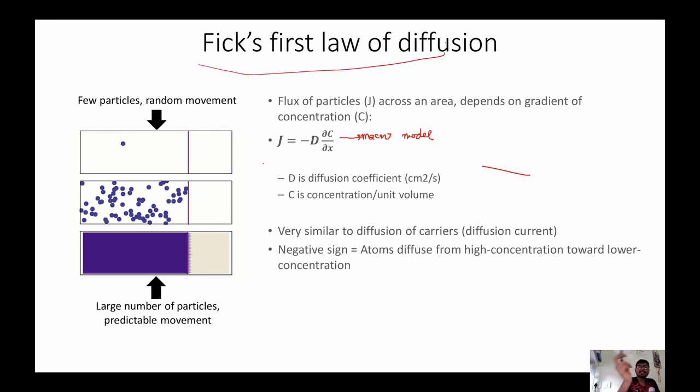Fick's law says, if let us say there is a single particle and this is the wall, and this single particle is moving randomly inside this box, and if we remove this wall, this particle may come or may not come. But we do not know, because this is a single particle inside a big box, so it is not feeling any pressure or anything.